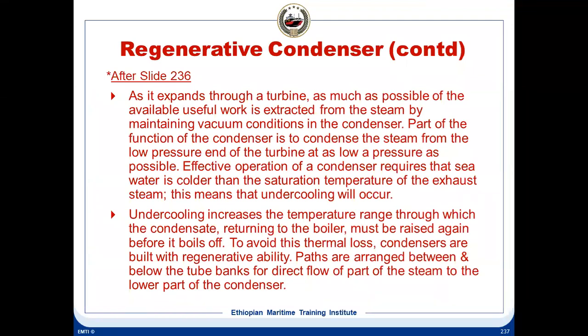Paths are arranged between and below the tube banks with direct flow of part of the steam to the lower part of the condenser. So part of the steam flows directly to the lower part of the condenser where you have the condensate sump, and this steam heats up the condensate in the sump to pretty close to its boiling point.